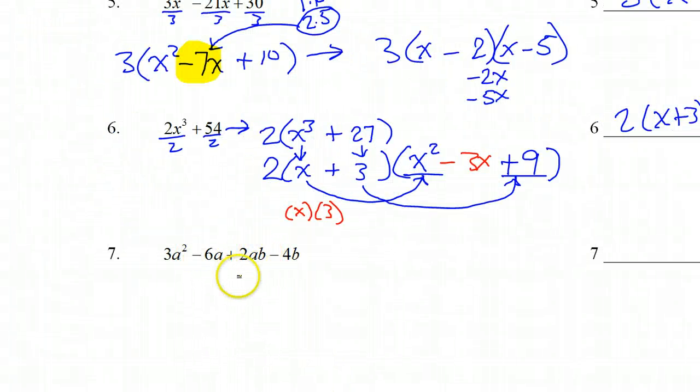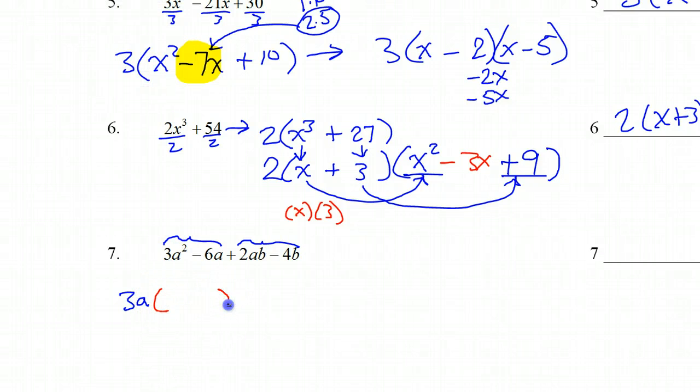Oh, look, 4 terms. When we had 4 terms, I taught you to try grouping. That should be your first guess. So if I group these, look for the common factor. If 3 goes into both, and they all have a's, so that's 3a. So I will factor out a 3a.